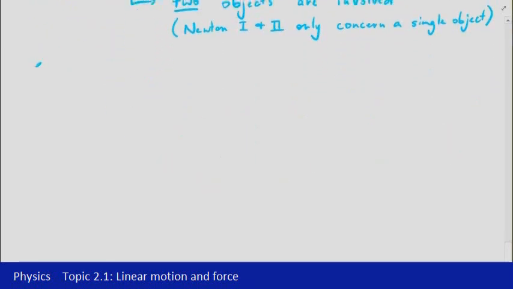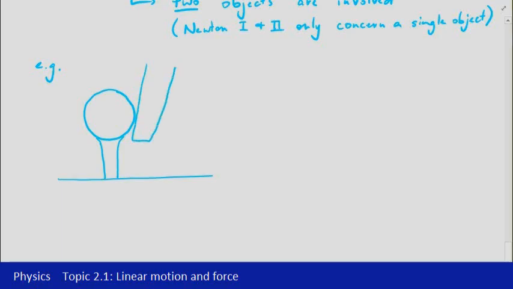To give you an example here that is a fairly useful way to make sense of Newton's third law, imagine we have a golf ball that's being hit by a golf club. So there's the ball, and we've got a club that's just making contact with it. Say it's an iron of some description, and so this club is moving in this direction with some velocity v, and the ball is currently stationary.